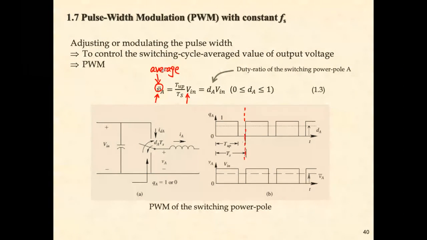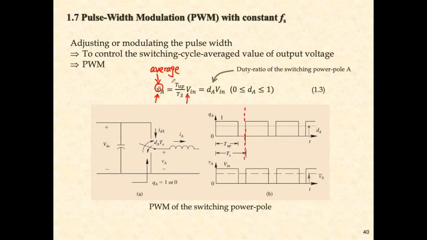In this subject, the average value will not change, although in practice, of course, it will change against time. In this subject, things are steady, so this is the constant average. The dashed line refers to the average value of the output voltage. It depends on the ratio of T up and TS, and also on the input voltage.